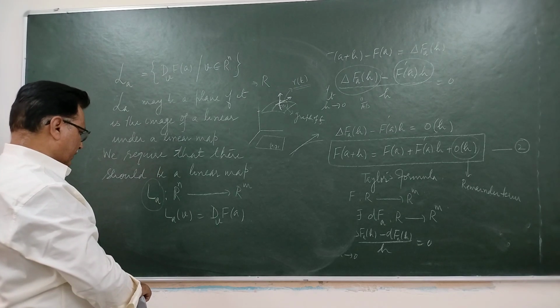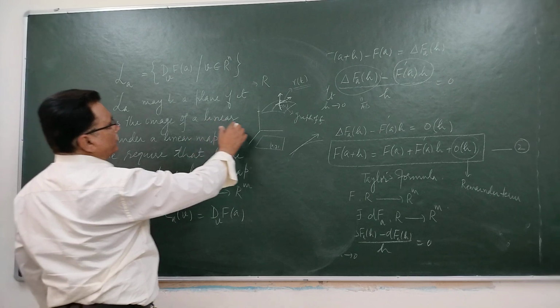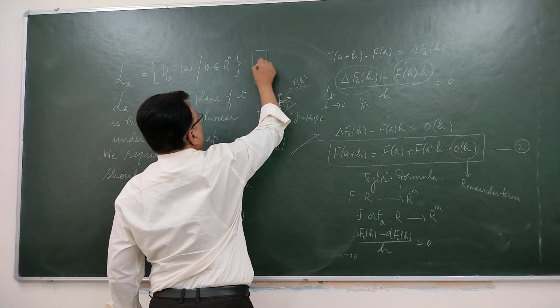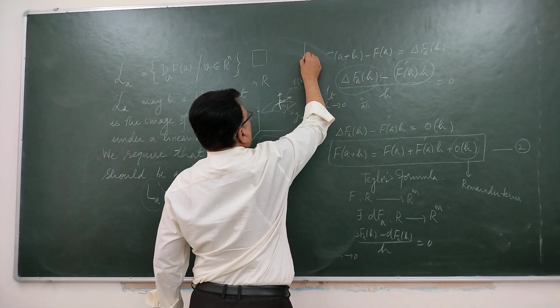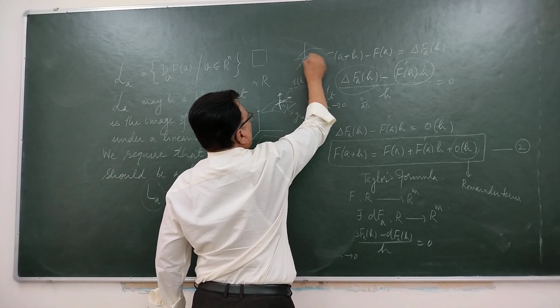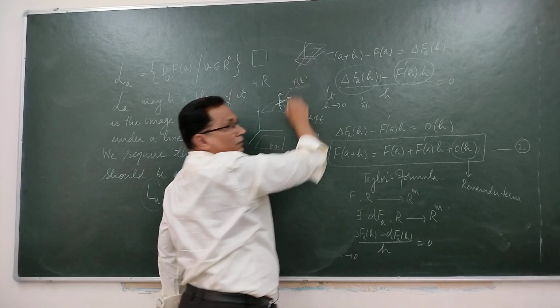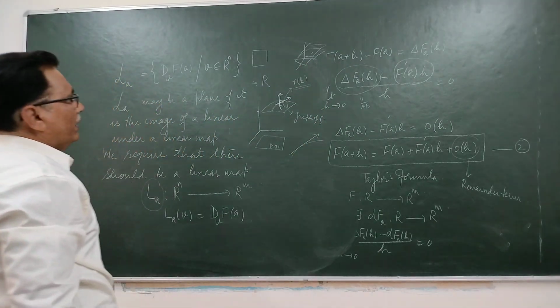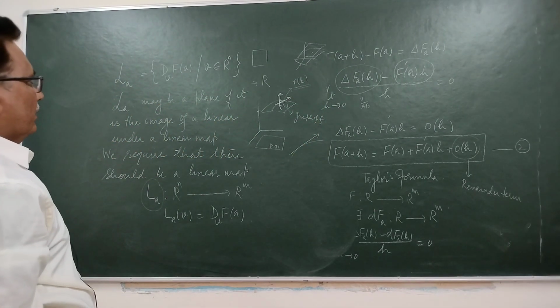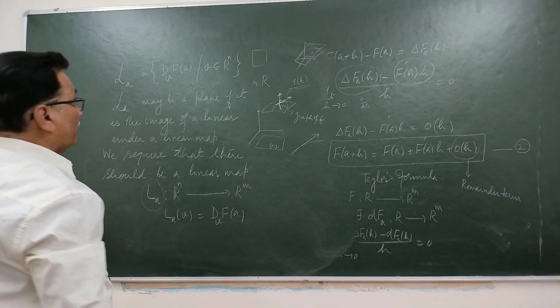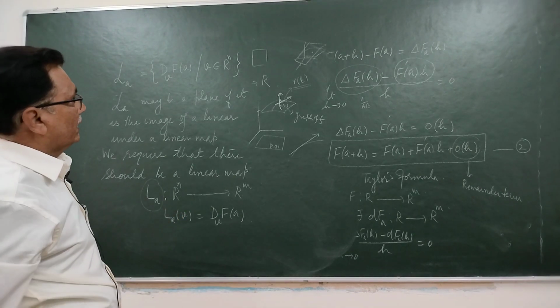And once this map exists, the image of this plane will be an image under a linear map over here. Is it right? So now there is one more thing that has to be done.